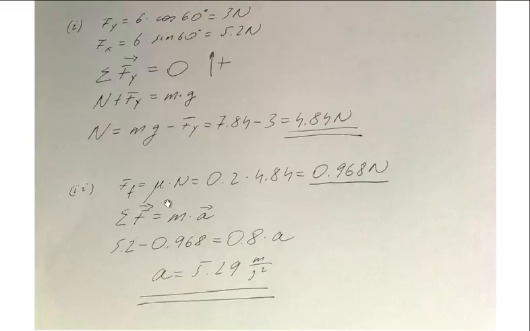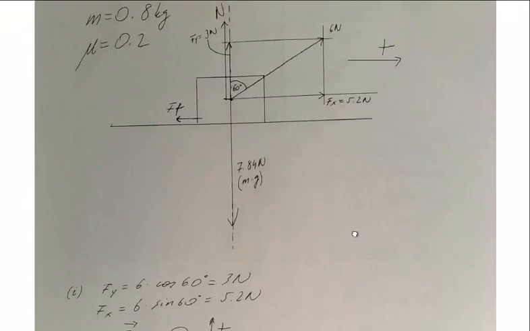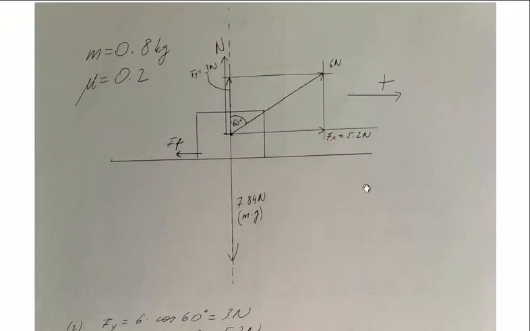We can apply Newton's law. Sum of the forces is equal to m times a. The positive direction is to the right. This is the positive force, and this is negative.